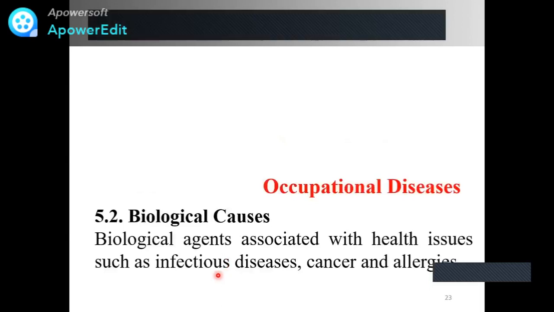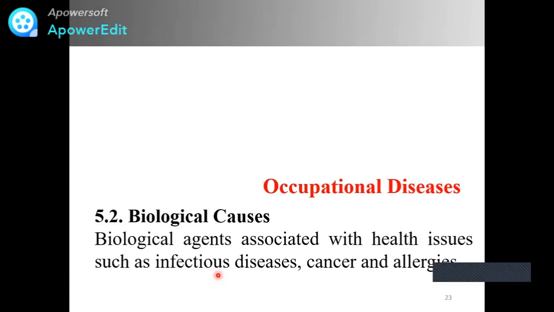Biological causes. Work-related exposure to biological agents may be associated with several health problems, including infectious diseases, cancer, and allergies. Workers in certain sectors such as healthcare and veterinary services, agriculture, sewage management, and laboratories are particularly at risk.